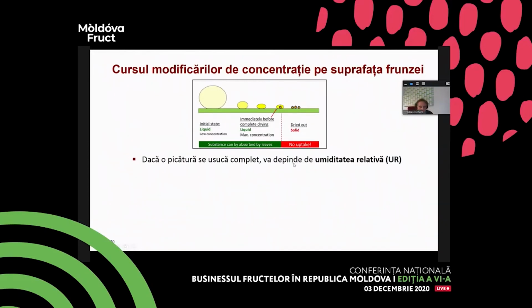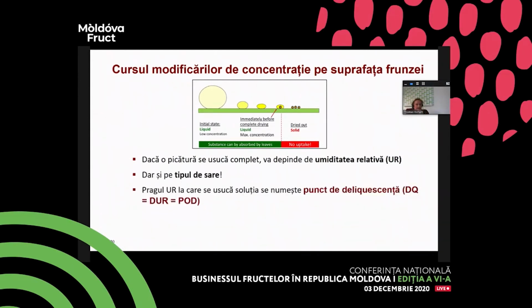So the question is now, does it dry out completely? It depends on humidity. If humidity is high, it will probably not dry out. If air is dry, it may dry out. But this also depends on the type of salt. Every salt has a certain threshold, a certain limit at which it dries out, and this is called the deliquescence point, or relative humidity of deliquescence.